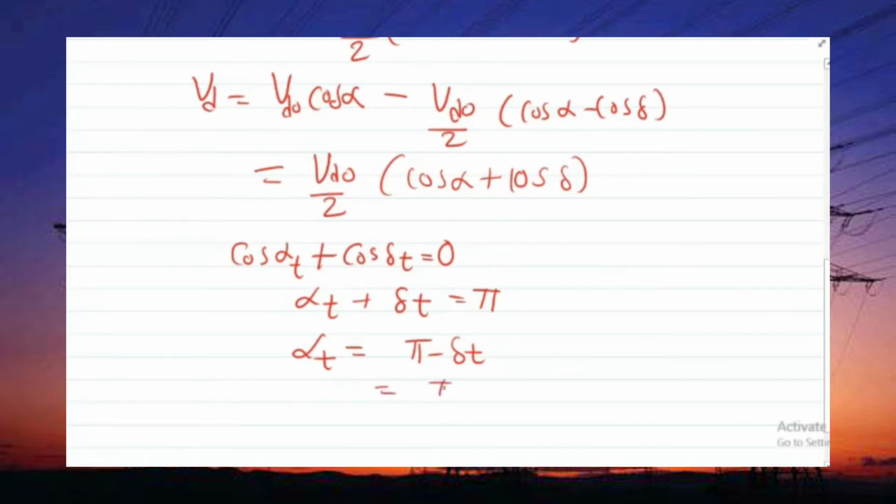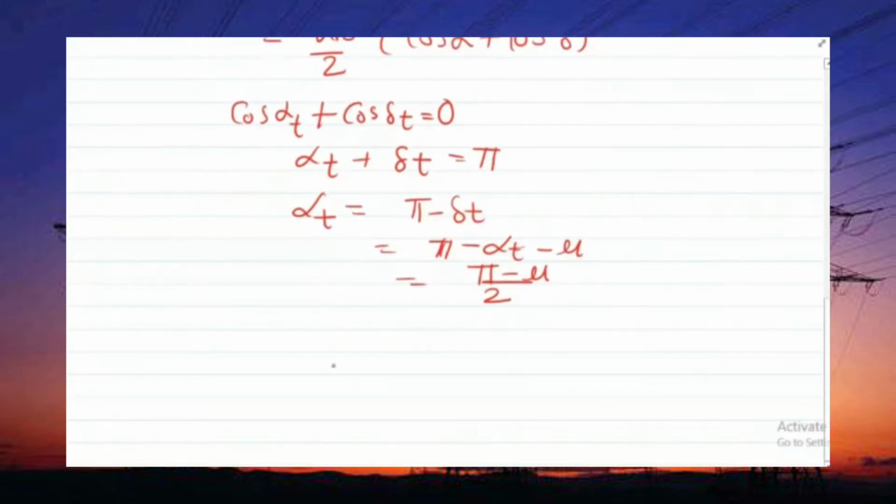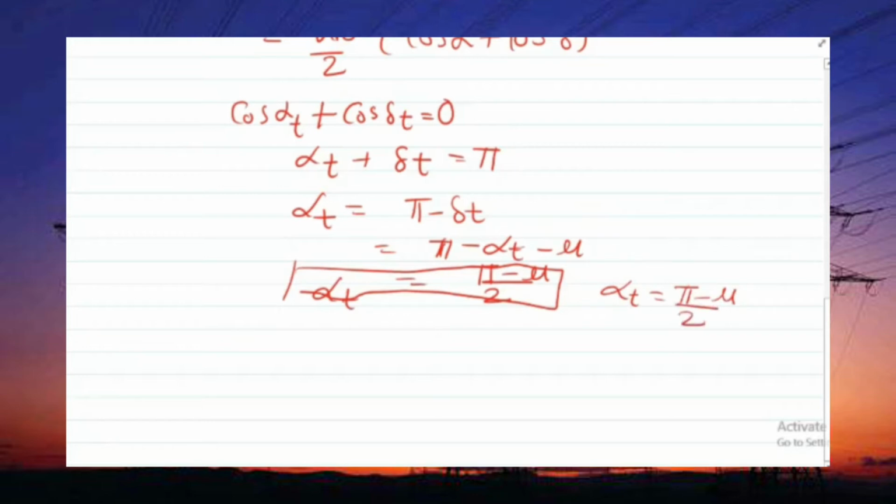It is alpha t plus mu, so you can write pi minus alpha t minus mu, which gives alpha t equal to pi minus mu by 2.